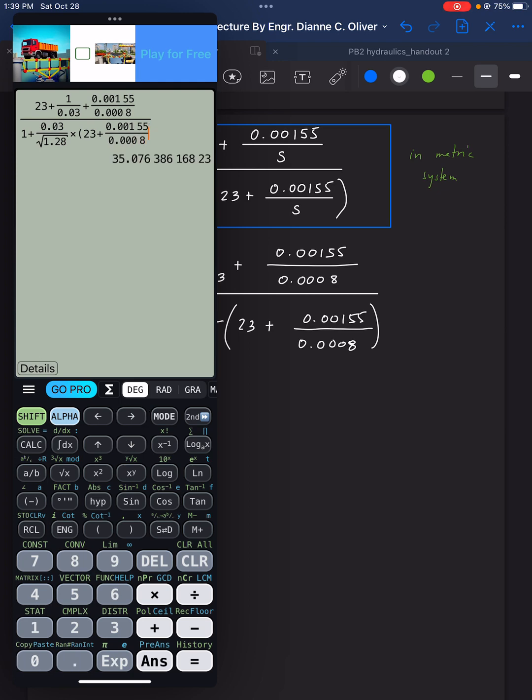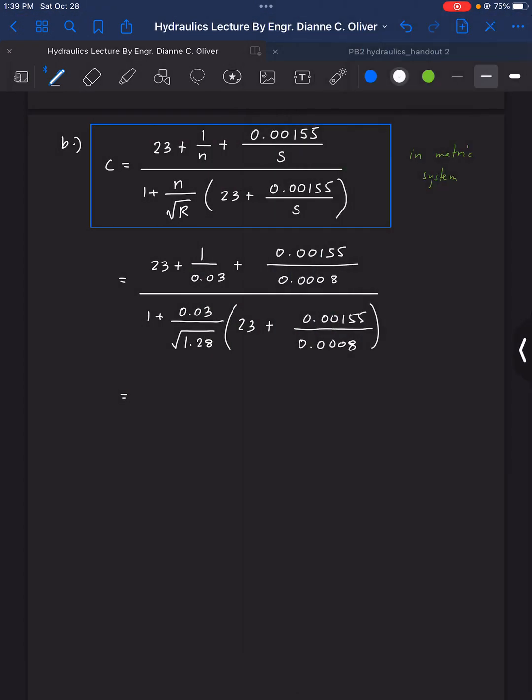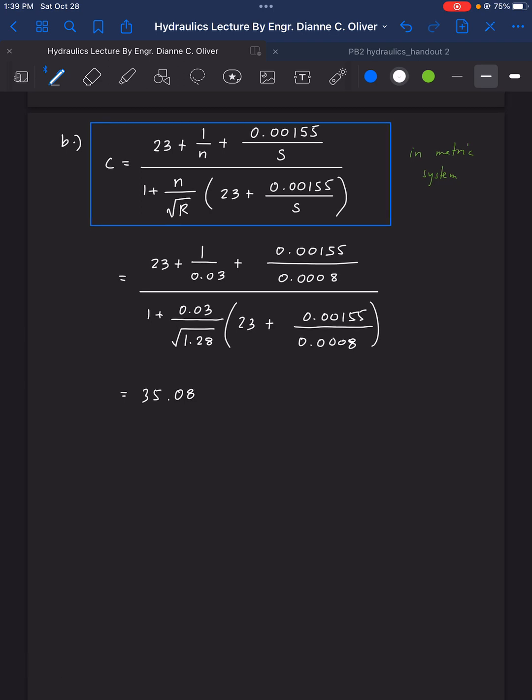So that is 35.08. So that's the value for Cutter's coefficient, C.